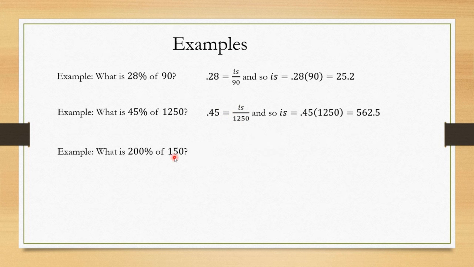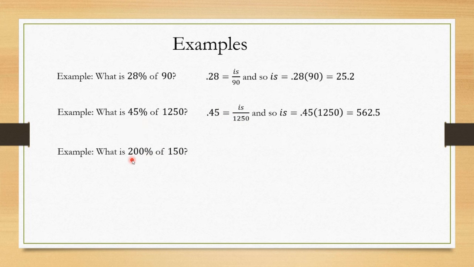And for the last one, this one's a little weird in that it's 200%. Usually you might not expect the percent to be 200%, but let's just see what happens. If I did the same process, which of course I would, it's essentially asking the same kind of question as here.